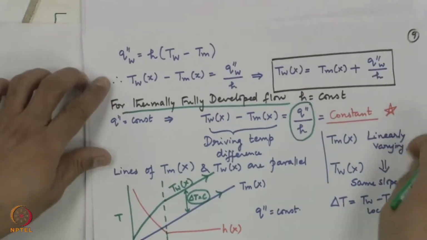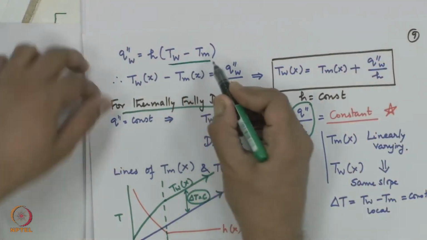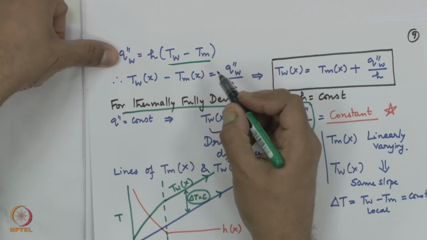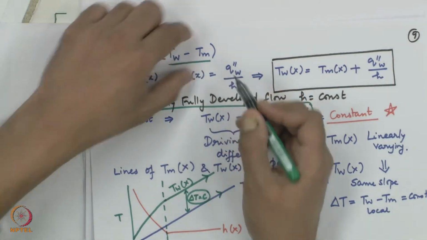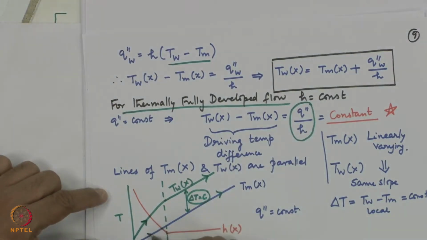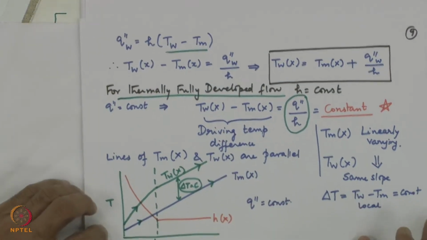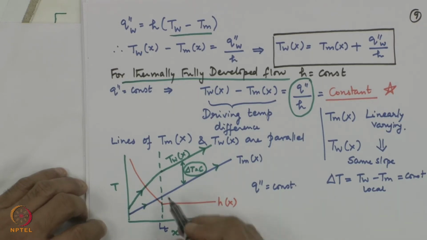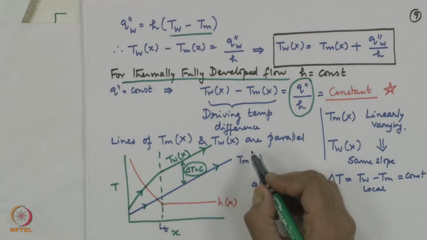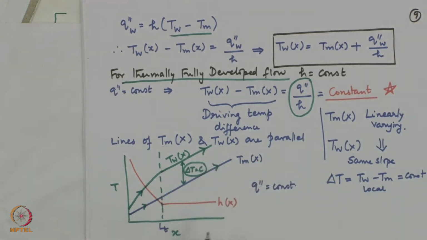Because of this relationship. The left hand side is the constant heat flux boundary condition. h is dropping, therefore T wall minus T bulk mean has to increase along the flow direction, which is what is happening. So, this set of curves which shows the variation of the heat transfer coefficient, the bulk mean temperature as a function of x, and the wall temperature as a function of x, is something that students must be able to draw, must be able to derive, must be able to appreciate.